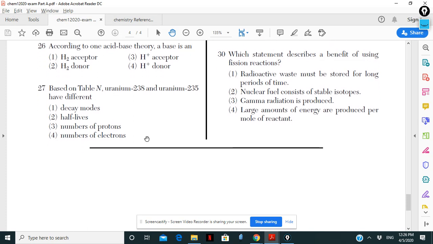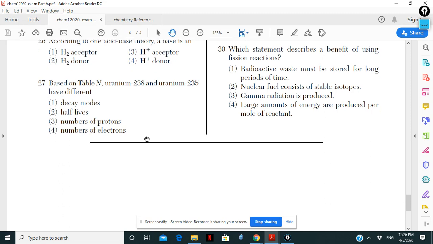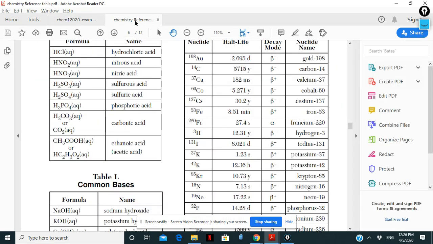Based on Table N, uranium-238 and uranium-235 have different... I have uranium-238 and uranium-235, so I have to look at Table N. Where is Table N?